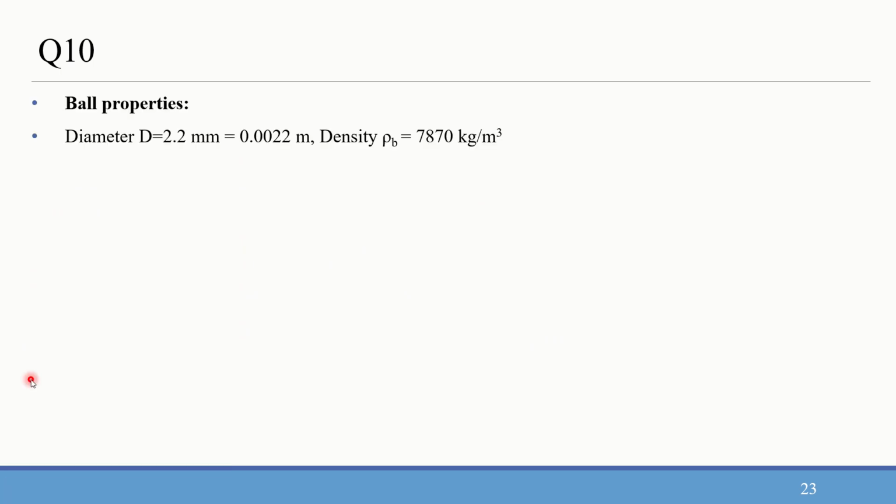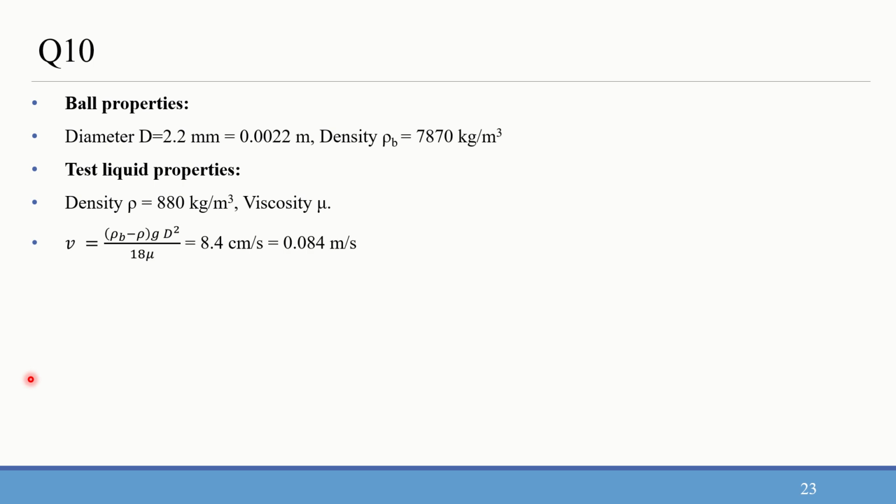So diameter is 2.2 mm or 0.0022 meter. Density rho b is given by 7870 kg per meter cube, and test liquid properties are given as density equal to 880 kg per meter cube, viscosity is mu, and V we know as 8.4 centimeter per second, or 0.084 meters per second.